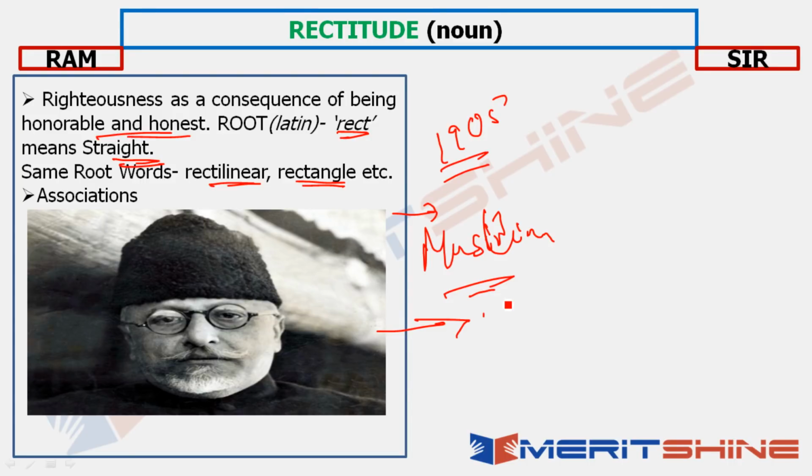After the non-cooperation movement got called off, I told you that Chittaranjan Das went on to found the Swaraj Party. He invited his friend Maulana Abul Kalam Azad to be one of the founding members. But by then Maulana had grown too close to Gandhiji, and he did not want to go.